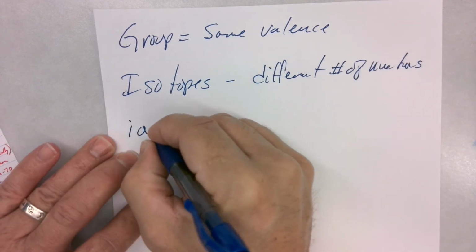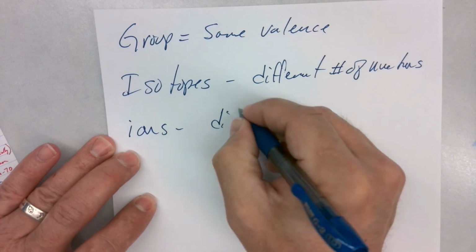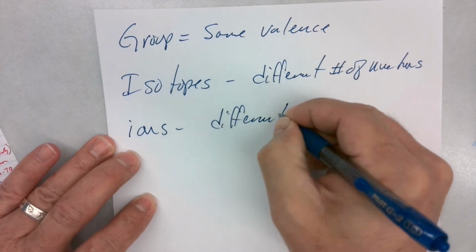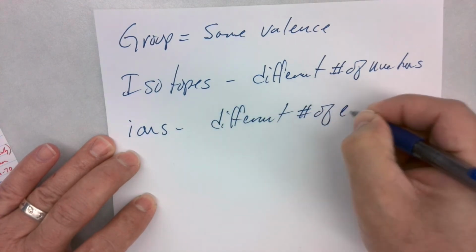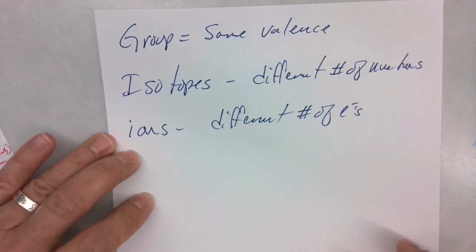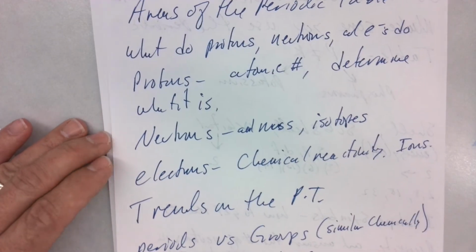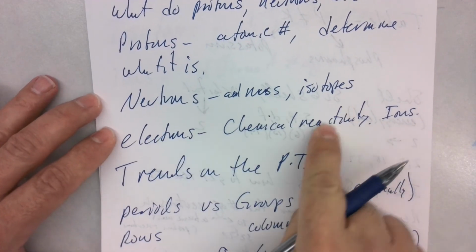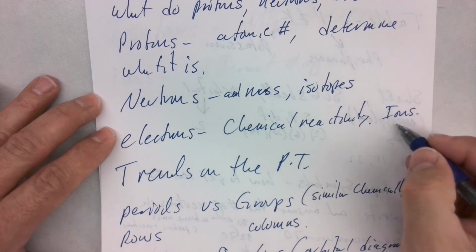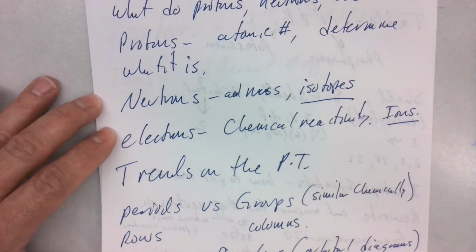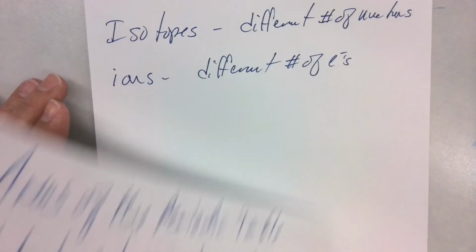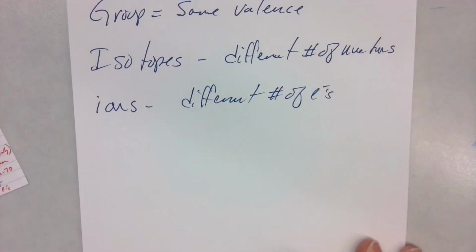And yeah, right here. Neutrons responsible for isotopes, electrons responsible for ions. Did we talk about that right there? But that's all right. Okay.